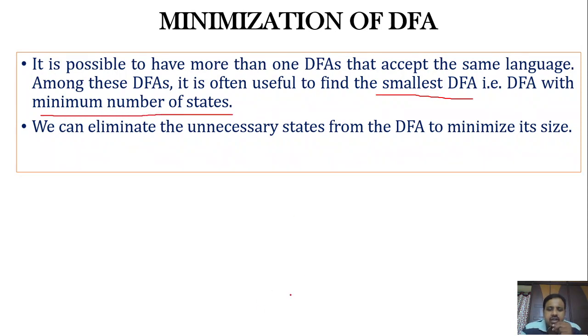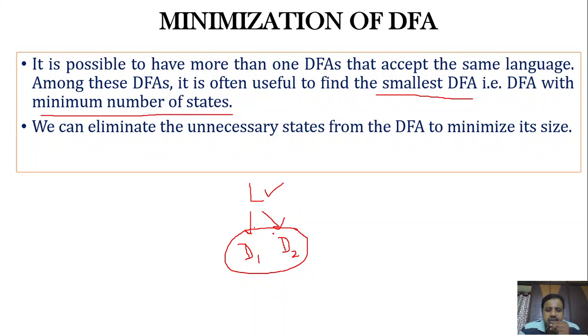Let me give one example. We have designed a DFA D1 which accepts the language L. Similarly, a second person has designed a DFA D2 which accepts the same language. So these two DFAs are accepting the same language.